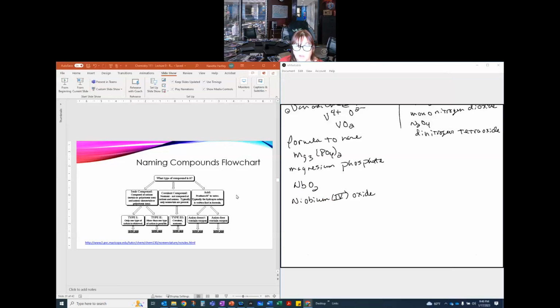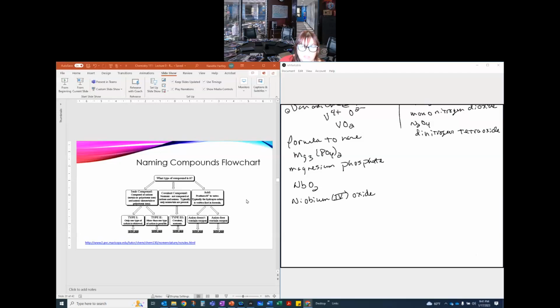Now, there is a flow chart. The crux of this flow chart is what kind of bonding is it? Because that determines what you do with it. If it's an ionic compound, metal to nonmetal, we name the metal, and then the nonmetal, with the end changed to an ide. The only time we have to specify anything else is if it's a metal that can have multiple charges.